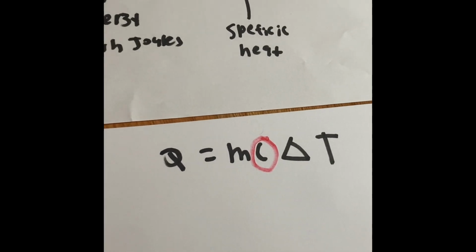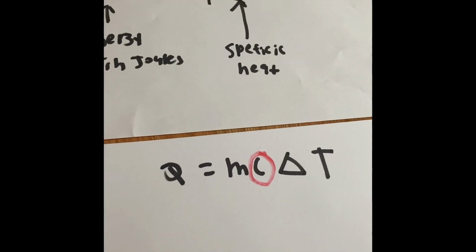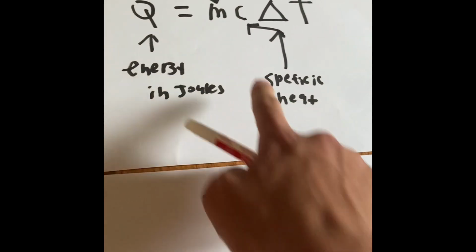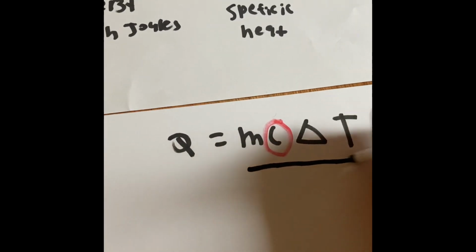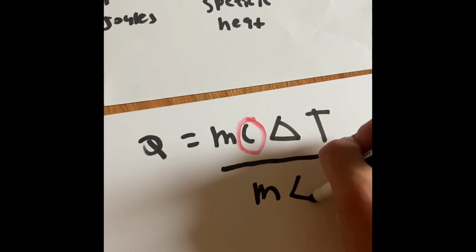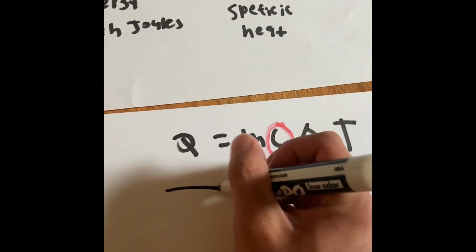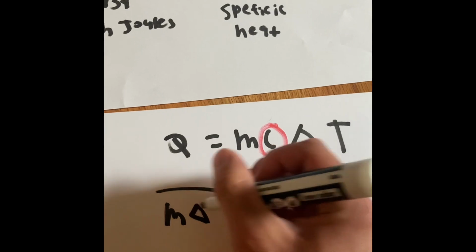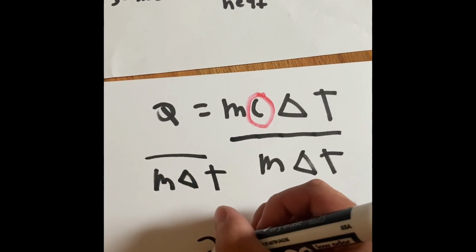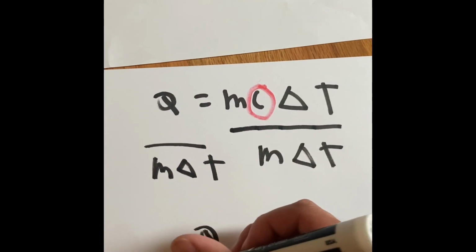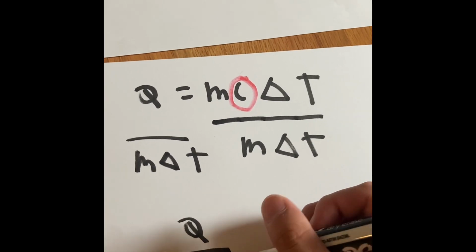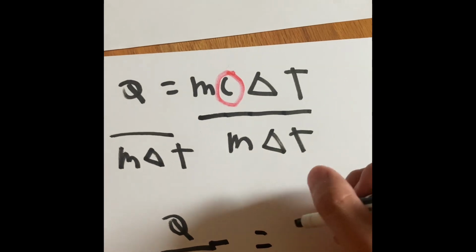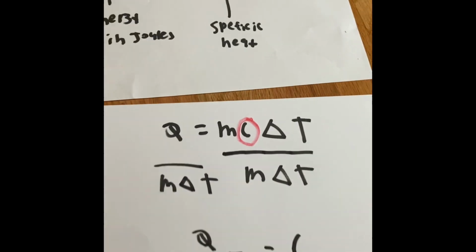To get the letter C alone and easily find the specific heat, we can divide everything by M and the change in temperature. When we do that, we get Q divided by the mass times the change in temperature, and it equals C, the specific heat.